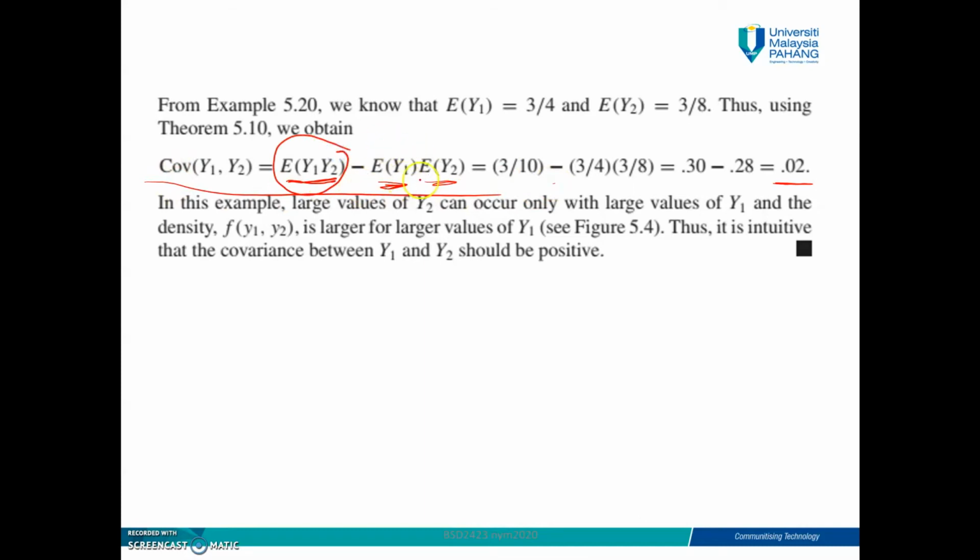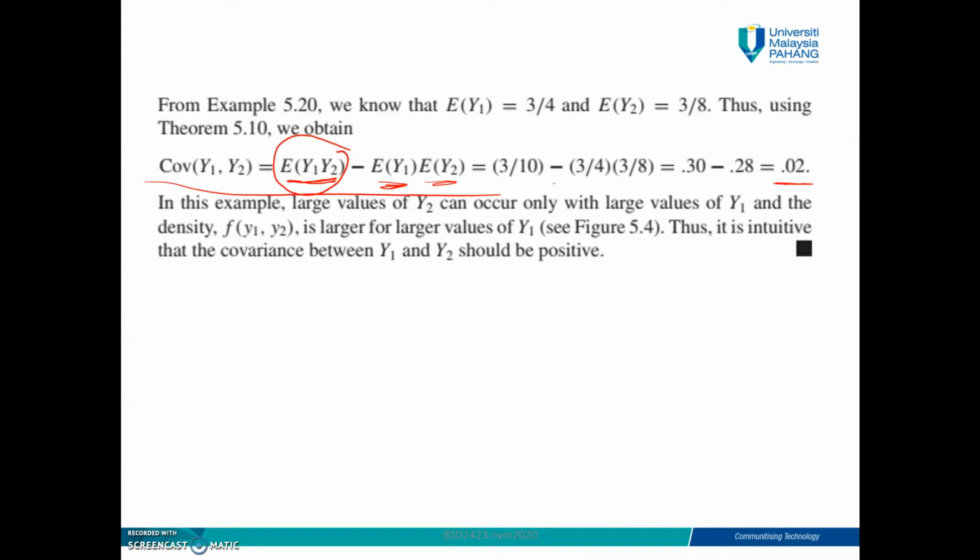And then this one based on previous example, you just have to take the value. So in this example, large value of Y2 can occur only with large value of Y1. Okay, because there is a relationship behind it among Y1 and Y2. And the joint density is larger for larger value of Y1. Okay, you can see this one from figure 5.4.